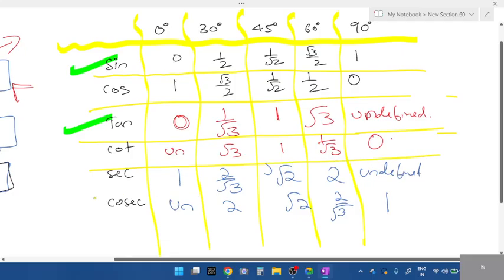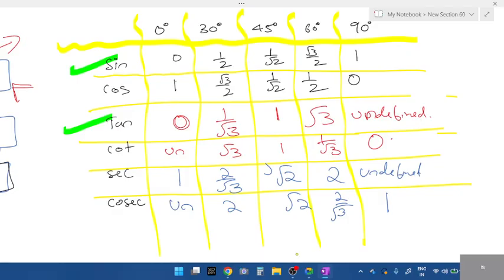UN stands for undefined. You can't define those values. Repeat the values of sine and tan. Repeat 5 times, you'll get used to the values: 0, half, 1 by root 2, root 3 by 2 and 1.